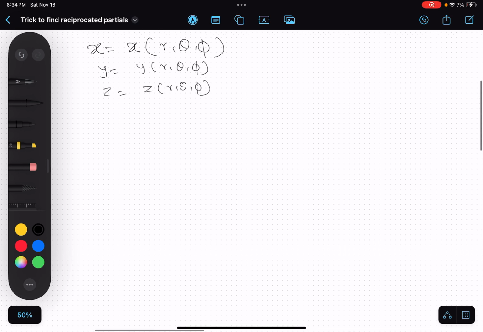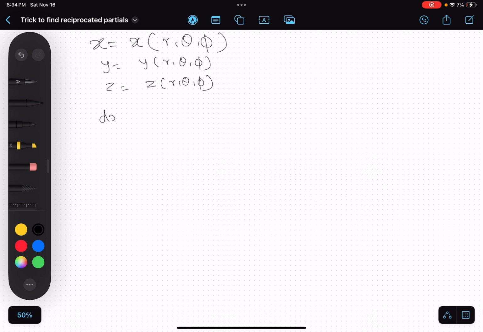In that case, if you want to find the change in z due to r, theta, phi, this will just be the partial change in z due to change in r, the partial change in z due to change in theta, and partial change in, this is not z, this is x, partial change in x due to phi, right? Yeah.